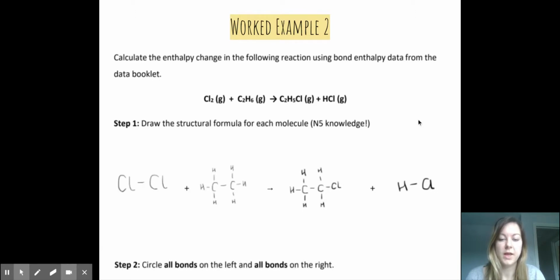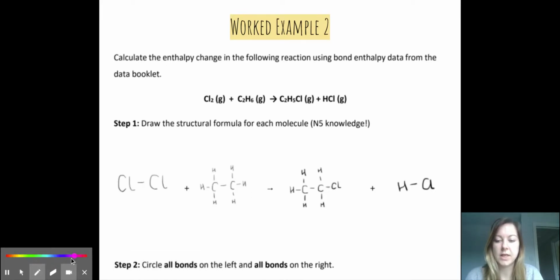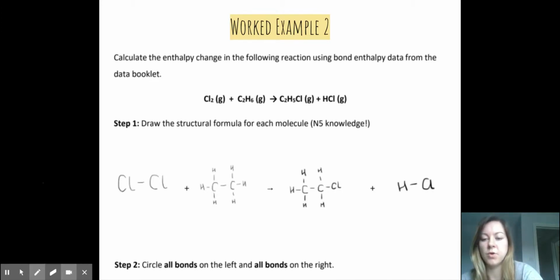Step 2 is to circle all of the bonds on the left and all of the bonds on the right. And the reason that we do this is just to keep track of how many bonds we are counting. And it comes in really, really handy when we're writing them all down. So we've got 1 chlorine to chlorine bond, which is here. We have 1, 2, 3, 4, 5, 6 carbon to hydrogen bonds.